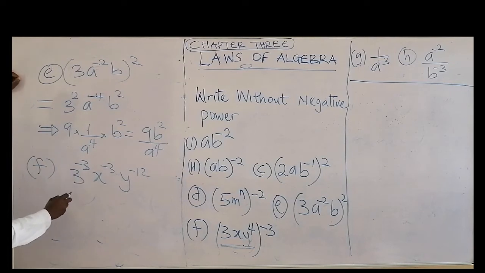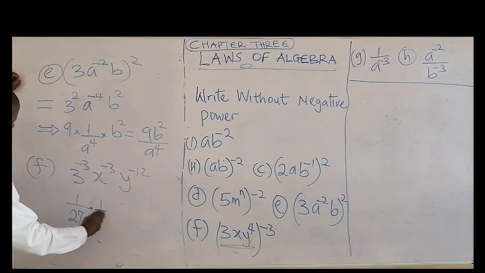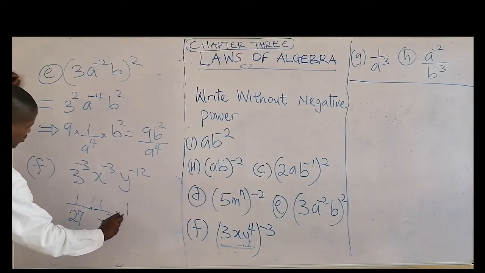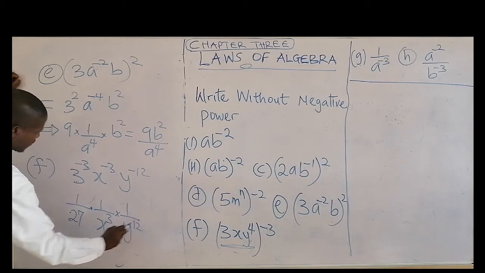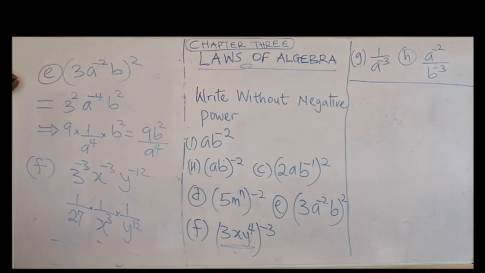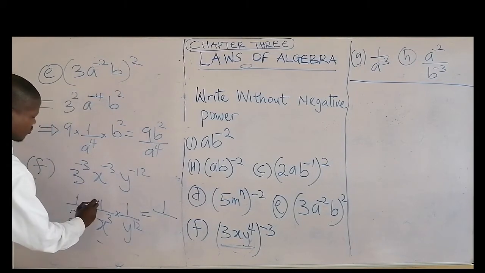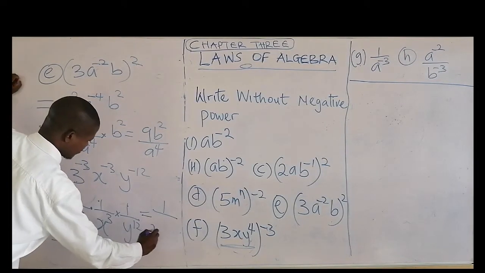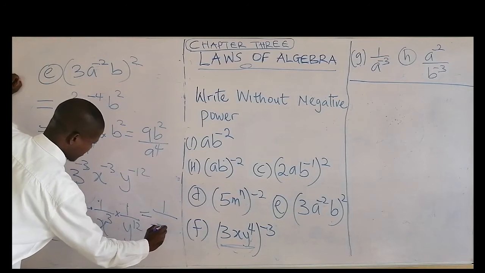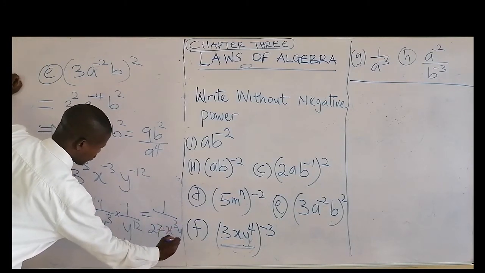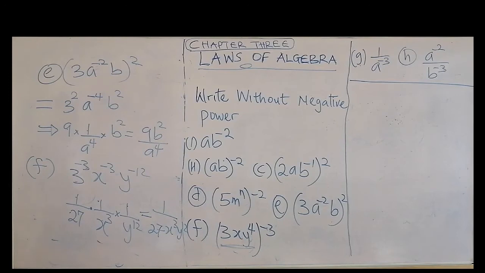So this will be 1 over 3 to the power 3, that's 27, times 1 over x to the power 3 times 1 over y to the power 12. So the answer here is 1 over 27 x cubed y to the power 12.